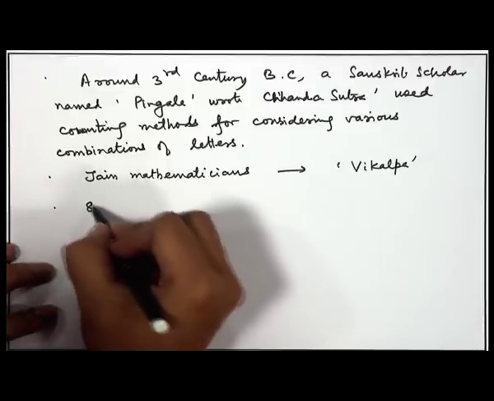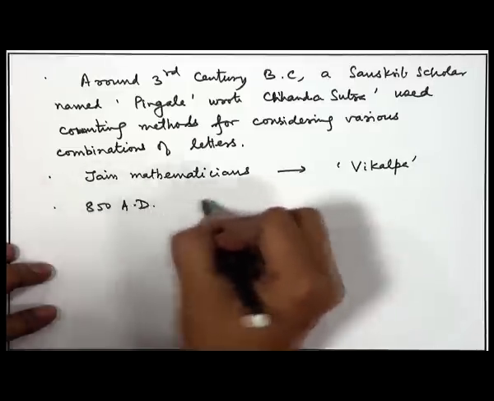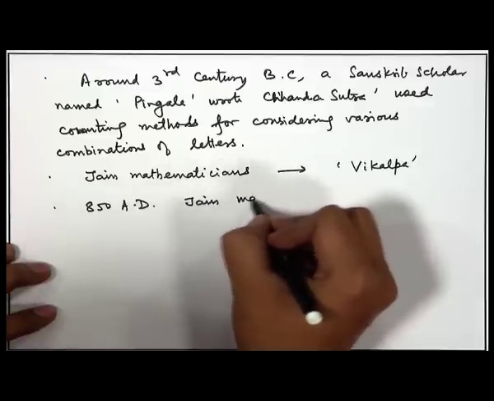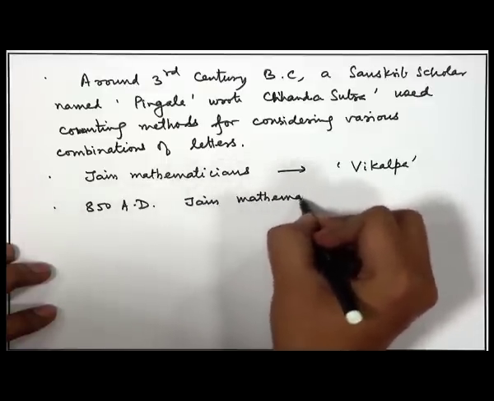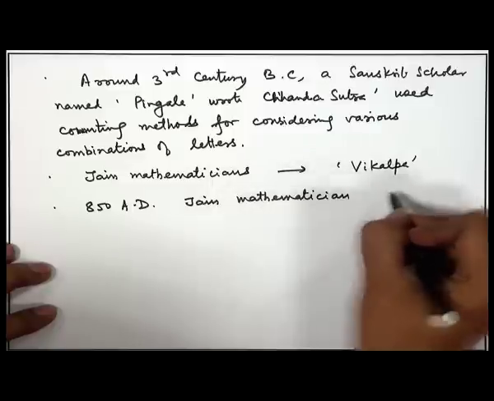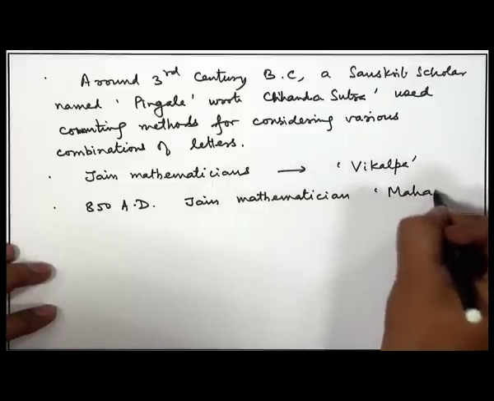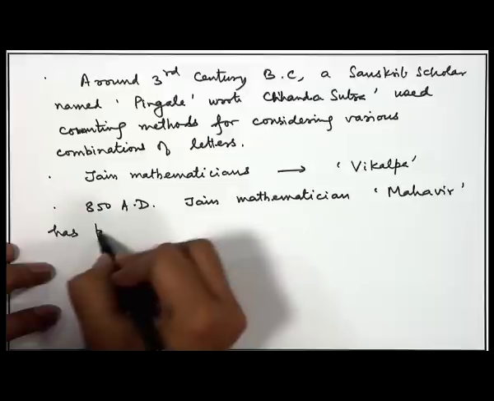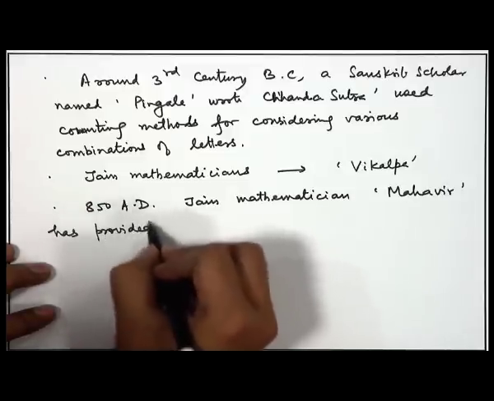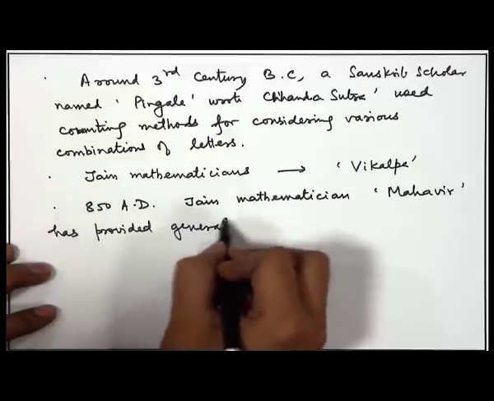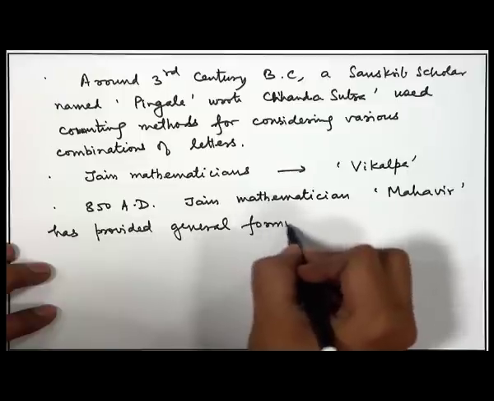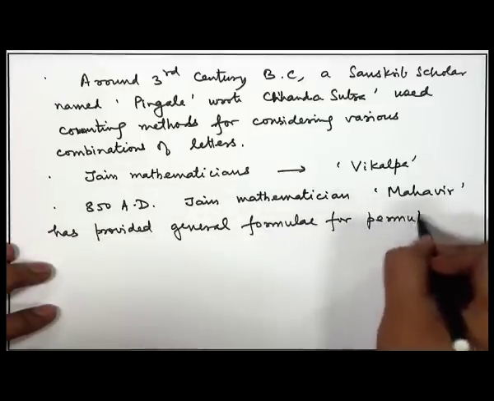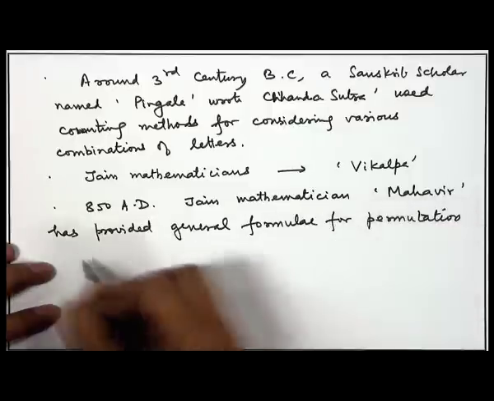Around 850 AD, Jain mathematician Mahavir, he has provided general formulae for permutation and combination.